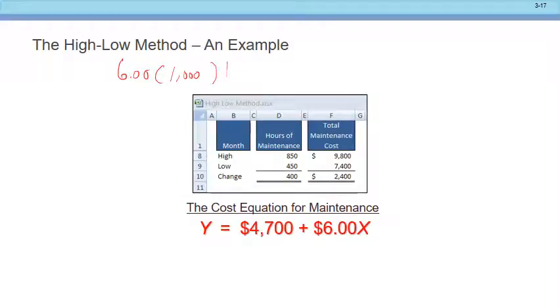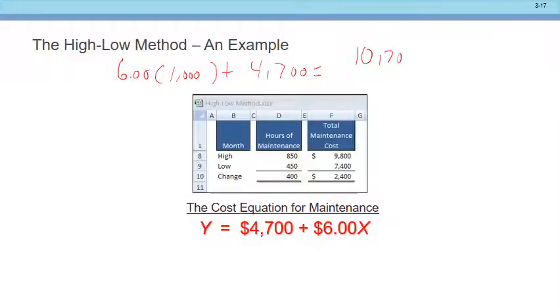Plus what? Plus 4,700. What's that come to? 10,700. Even I should have been able to do that one in my head, right?